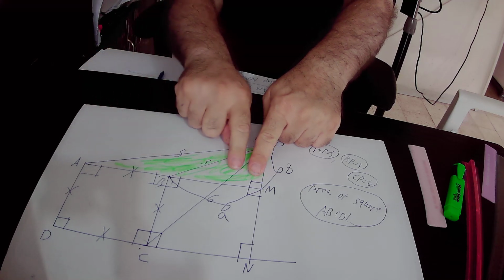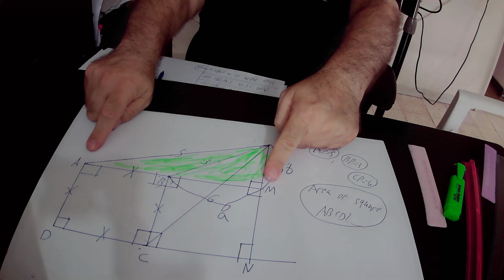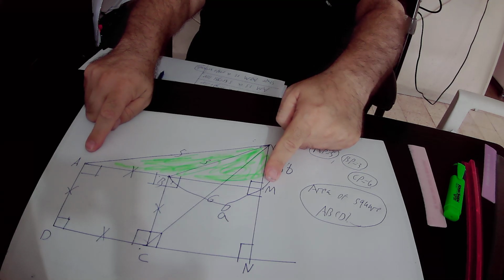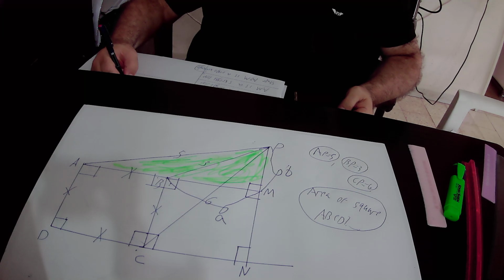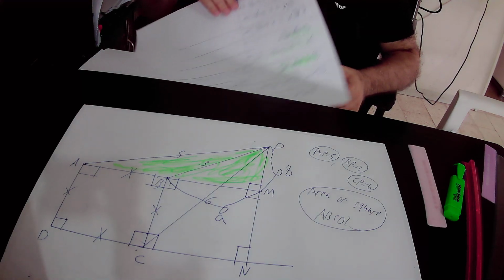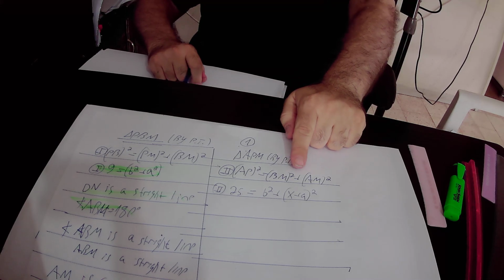It is very easy to see that the length of AM is x plus A. So AM equals x plus A, therefore AM square is (x plus A) square. So in conclusion, according to equation number 2, 25 equals B square plus (x plus A) square.